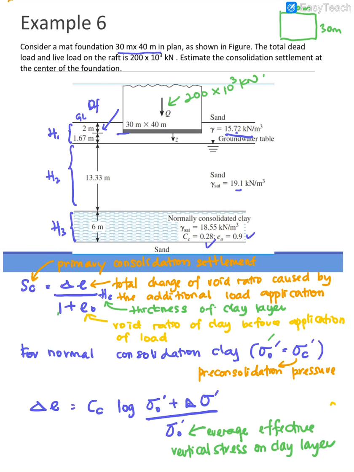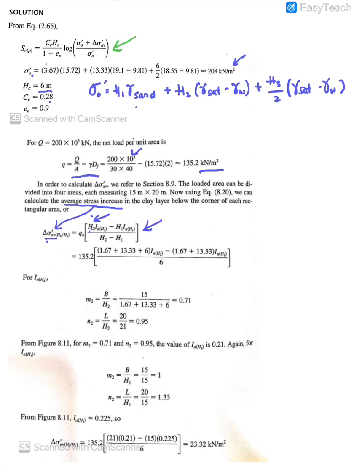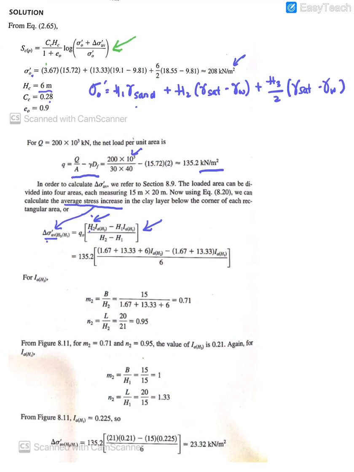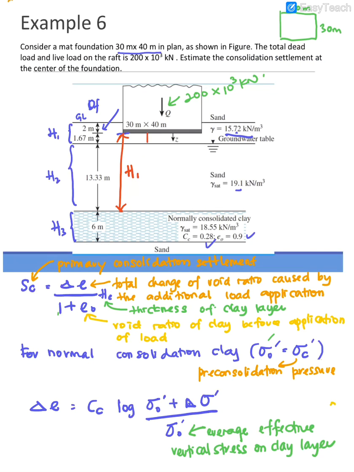So this one is H1, and then this one is H2.